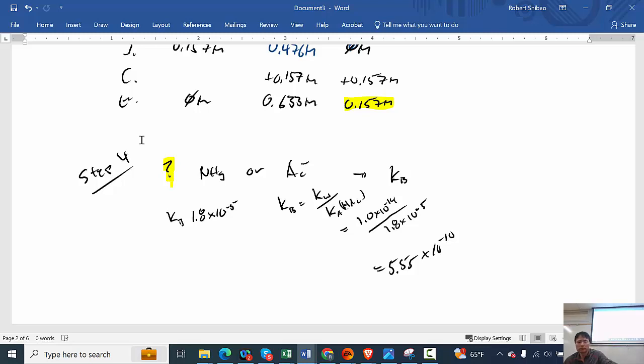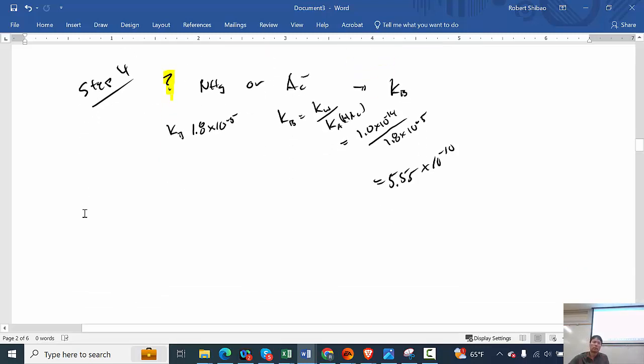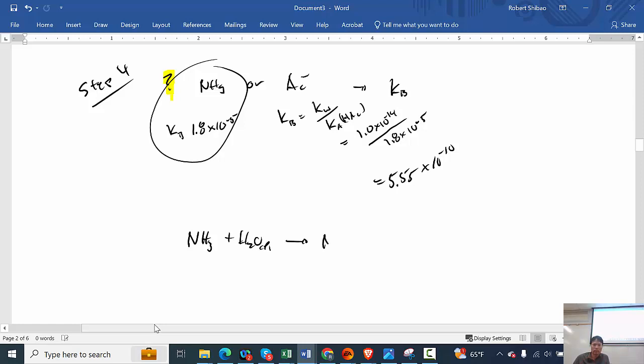Ammonia. So we pick ammonia. Ammonia should produce more hydroxide than acetate, and this is a base solution. In a base solution, we look for hydroxide producers. In an acid solution, we look for hydronium producers.